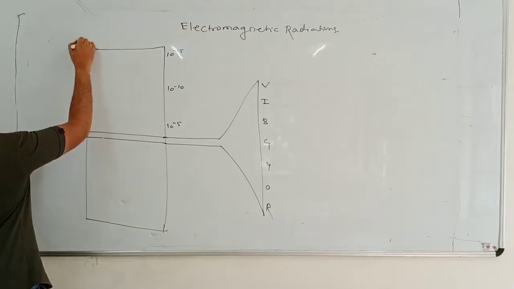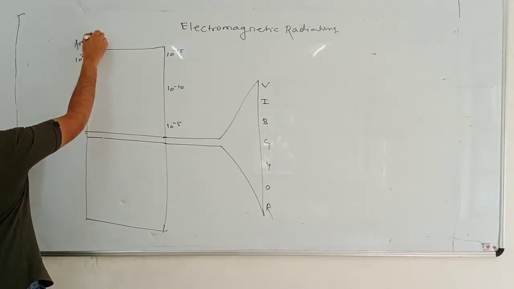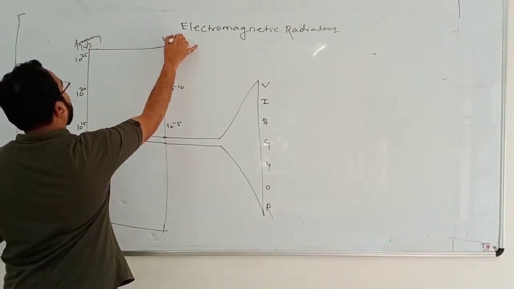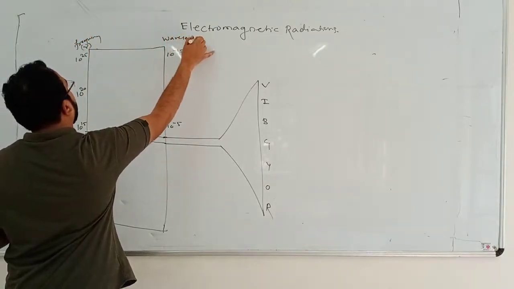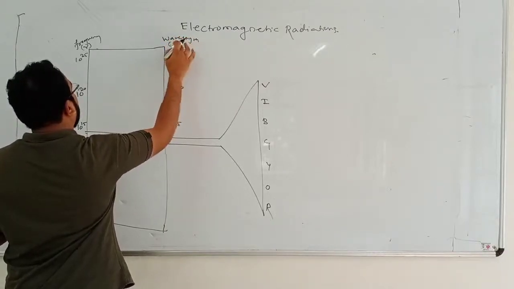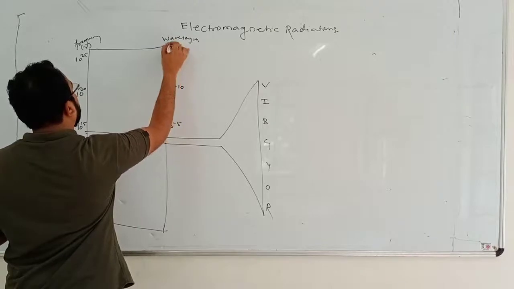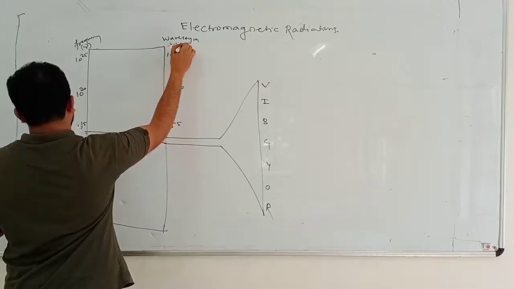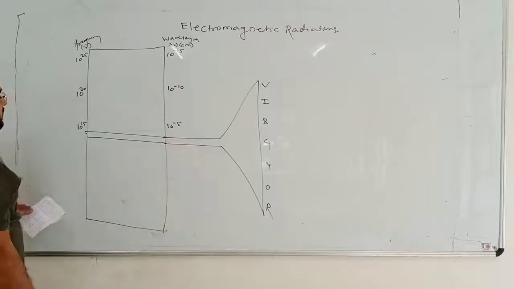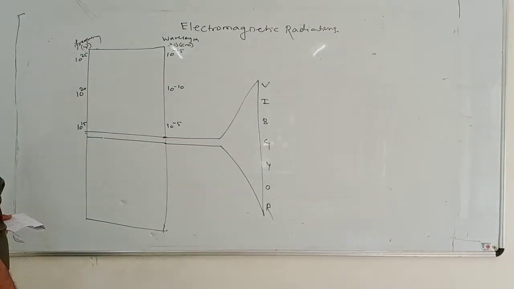This is frequency nu. Here it is wavelength lambda, or wavelength lambda in centimeters. These are in centimeters. Okay.